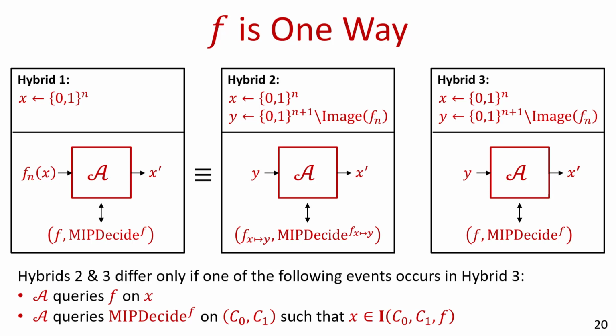But this occurs only if x belongs to the influential queries corresponding to this query to MIP_decide and f. And again, since the view of A is independent of x in this hybrid, and since the set of influential queries is small, this event occurs only with a negligible probability. So the views of the adversary in the second and third hybrids are indeed indistinguishable. As a result, the probability that A output x in the real experiment is negligible.